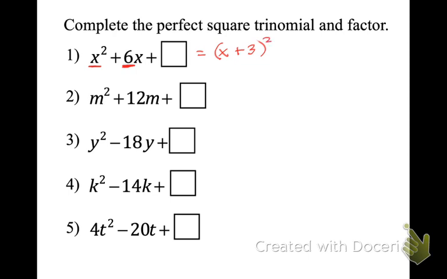And then basically, if I take that 6, I divide it by 2. It's always divided by 2. I get 3. When I square it, I get 9. So when I square that term, I get this. When I multiply that term by 2, I get that. So we're doing the opposite. We're dividing by 2. All right, pause the recording and try the next few on your own.